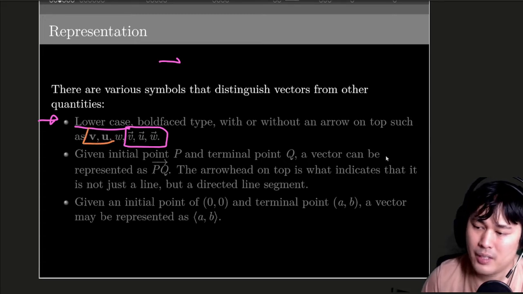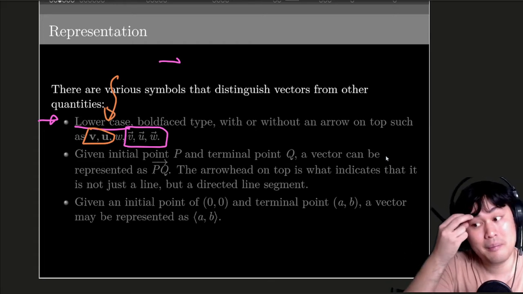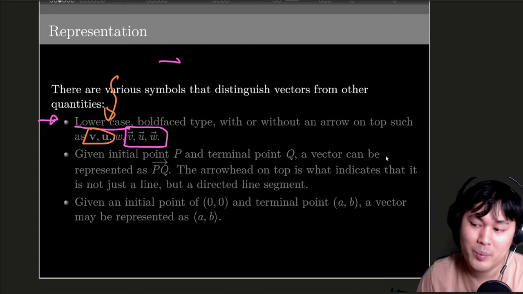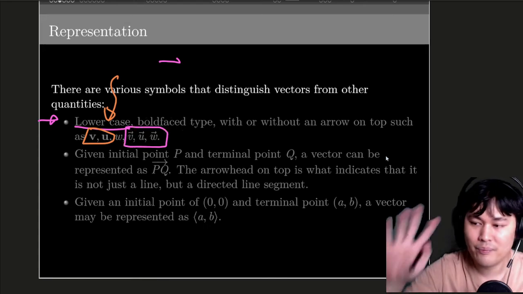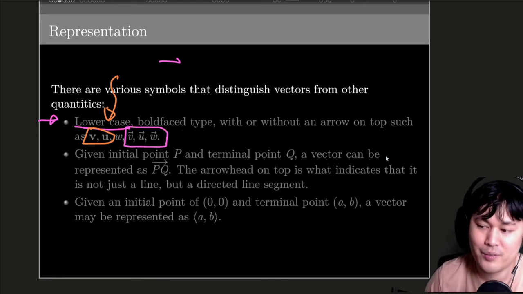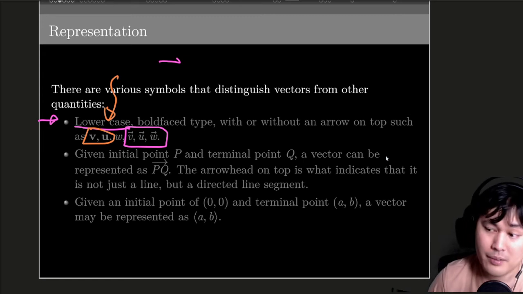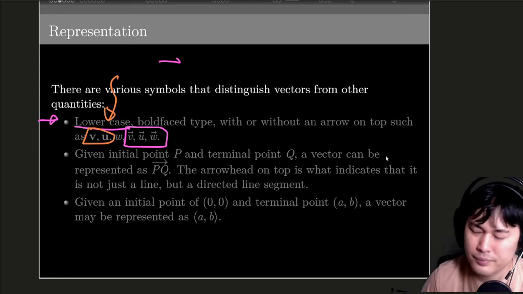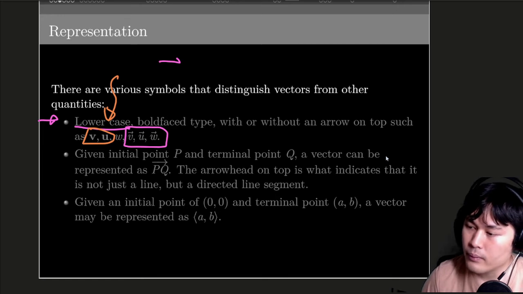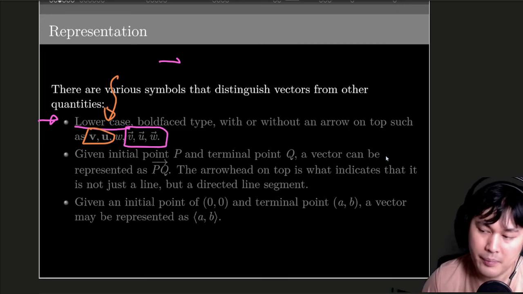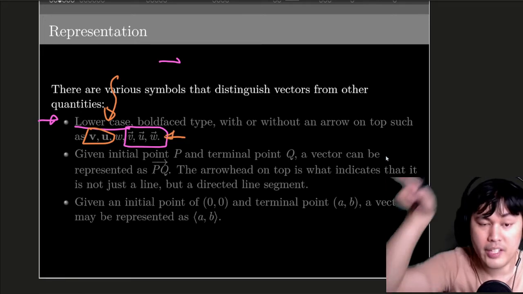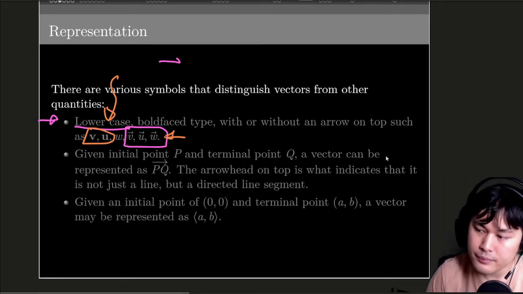But sometimes I use a bold letter, which I don't like. Sometimes if you see too many arrows, you would get confused because there are too many arrows on the screen, so sometimes I use a boldface instead. That's one way to represent a vector. But we will try to stick with the arrow on top.